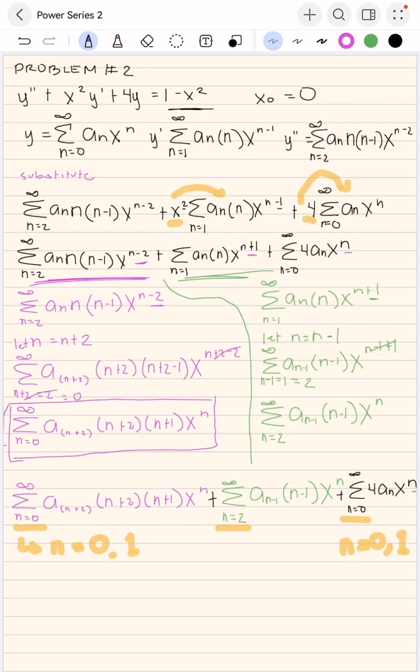Let's say that n equals 0. Therefore, this one would be a_(0+2), (0 plus 2), (0 plus 1), x^0.